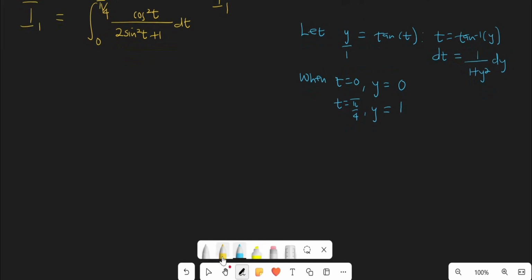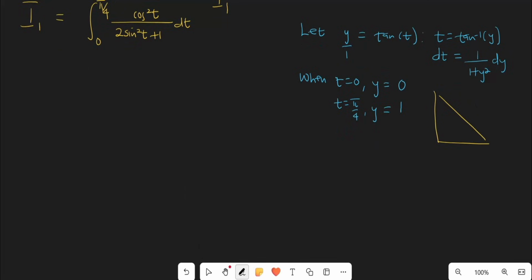And now let's find an expression for the sine and cosine of t in terms of y. So this is the right triangle, and our angle here is t. Tan of t is y over 1, and tan is opposite, which is here, over adjacent to the angle, which is here. The hypotenuse, using the Pythagorean theorem, is the square root of the sum of squares of the other two sides, so the square root of the opposite squared plus the adjacent squared.